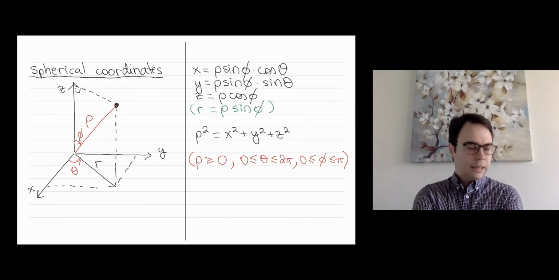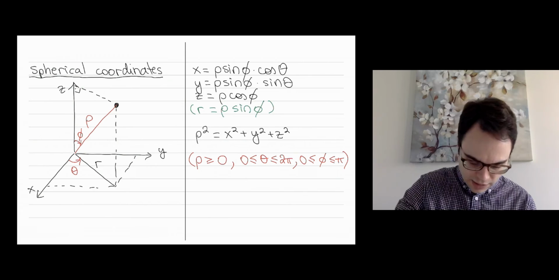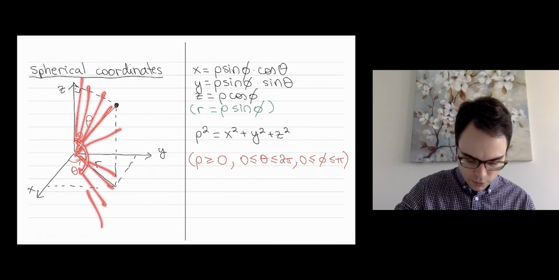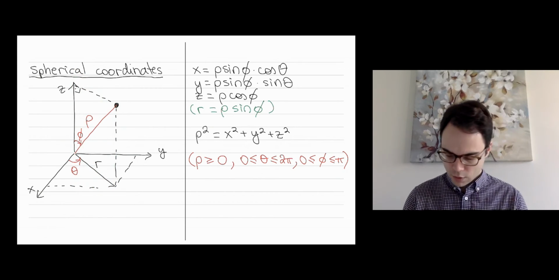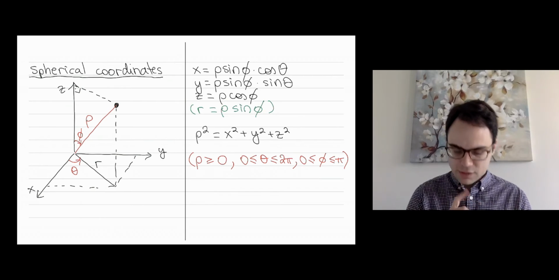Okay. Now what about if I fix theta? If I fix theta and vary phi and rho, I'm going to get a half plane. Now if I fix phi, this is an interesting one.